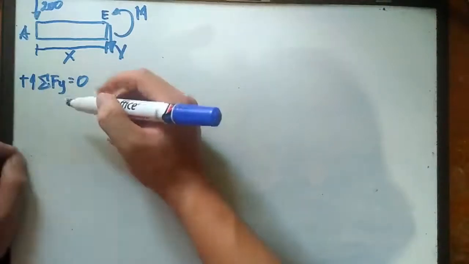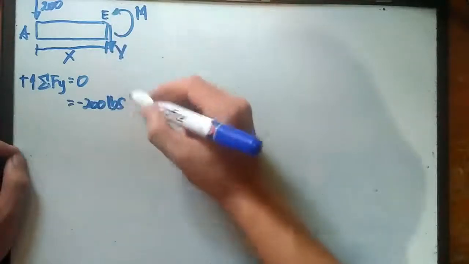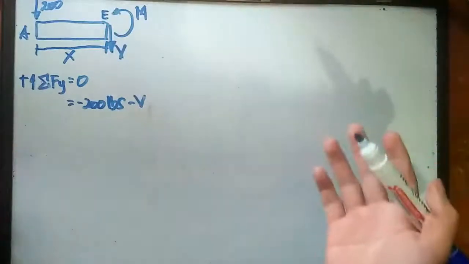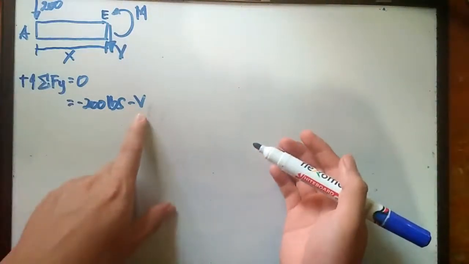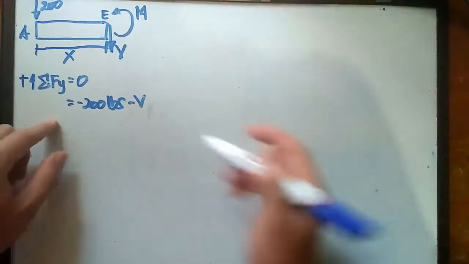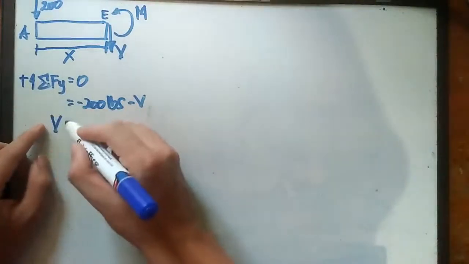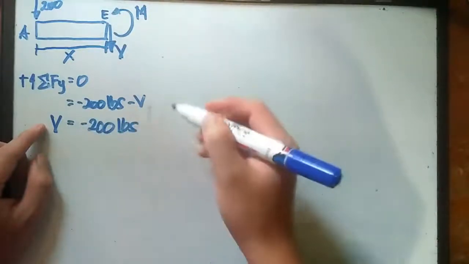So we have this negative 200 pounds. We have this negative V, and there are no more other forces acting along the vertical axis. So we can just simply solve for V by transposing it on the other side of the equation. So V is equals to negative 200 pounds.